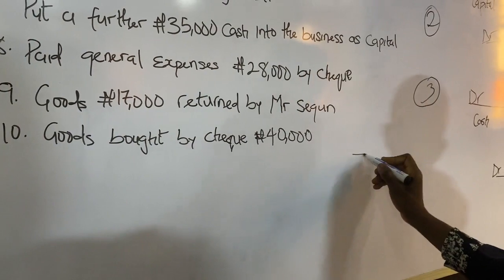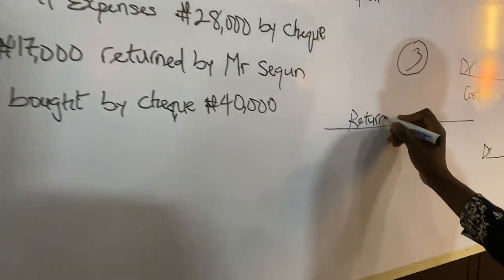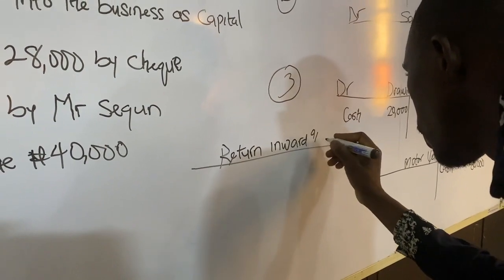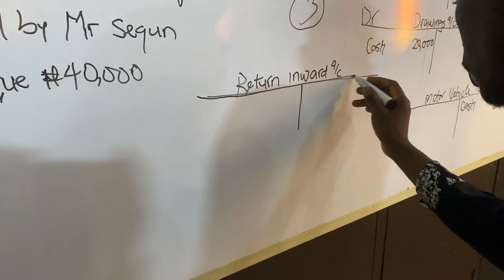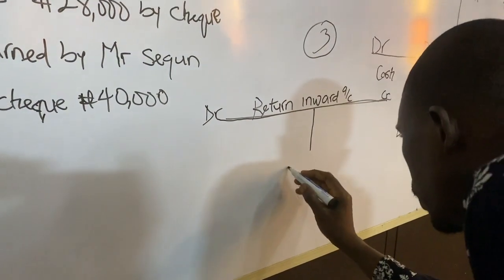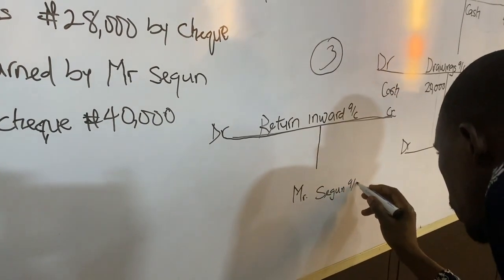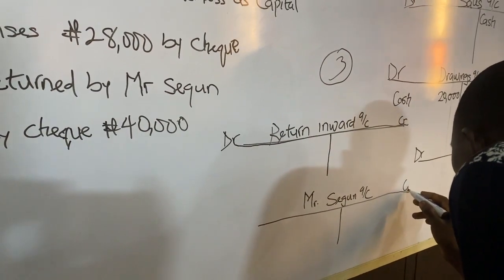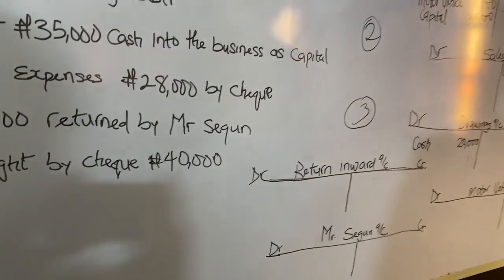Let me do it here. Return inward account, and Mr. Segun. So, what do we do?